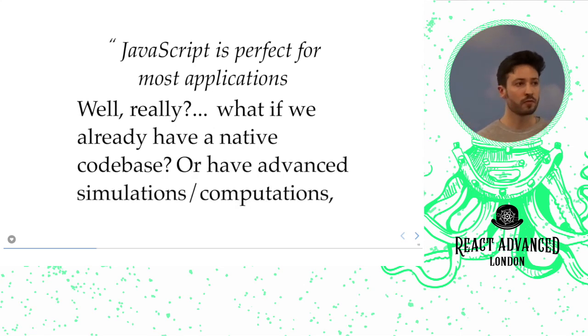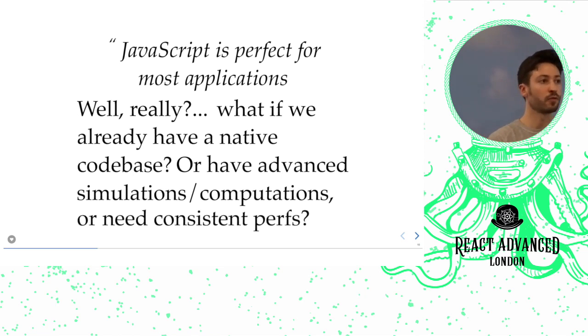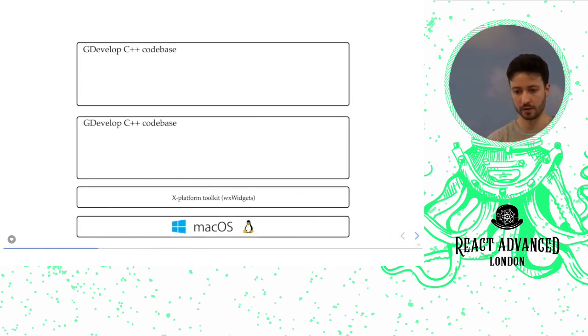And we can also think of things like simulation, computation, or everything that needs performance. Is JavaScript really a good way of achieving this? If we look at the code base of JDevelop, it was this. It was an application running with wxWidgets, which is still a C++ toolkit to create cross-platform interfaces.